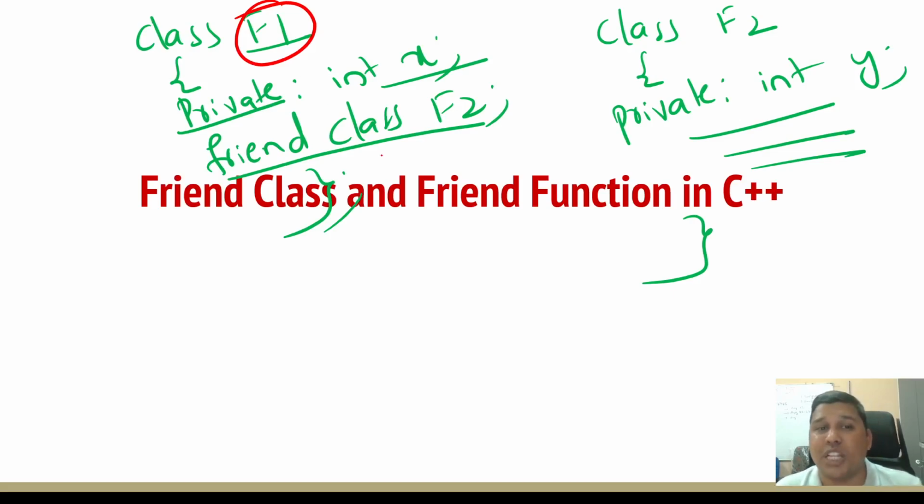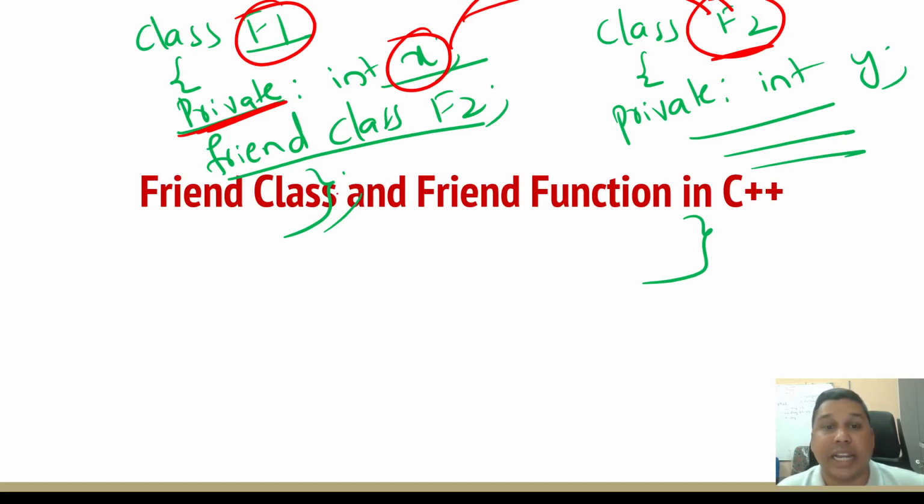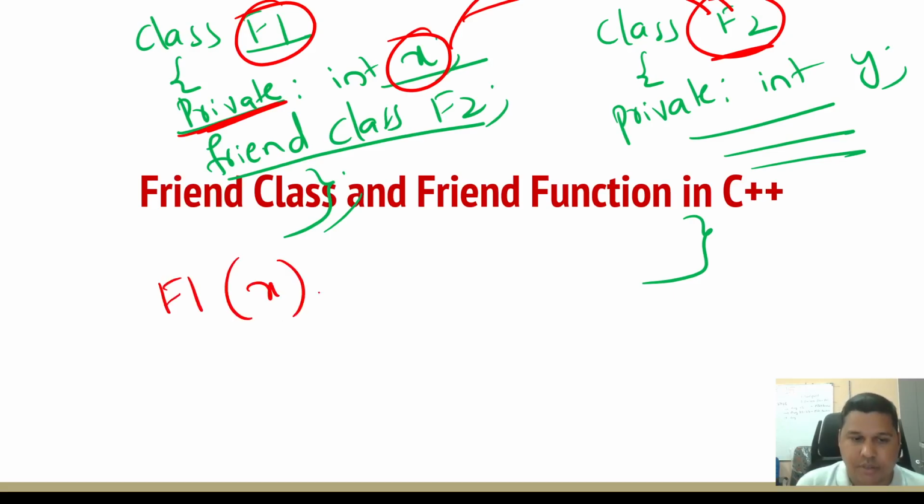What is the purpose of this friend declaration? The private variable x can be accessed in class F2. That is its meaning when we write like this. So F1's variable x can be accessed by F2.